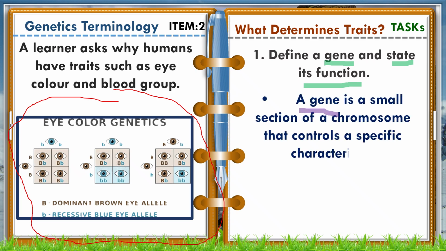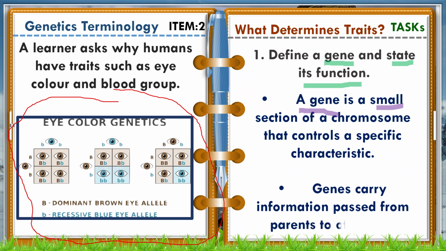A gene is a small section of a chromosome that controls a specific characteristic. So we have a chromosome, and the chromosome contains a small specific section called the gene, and that controls a specific characteristic.